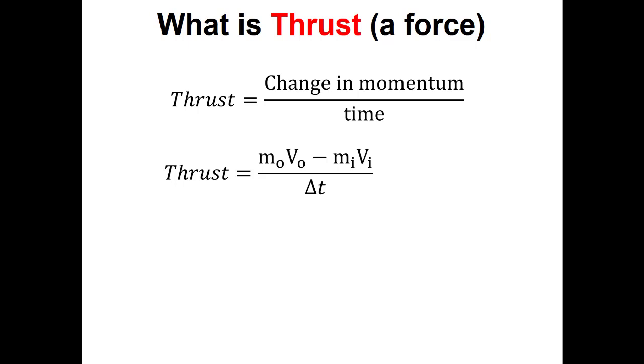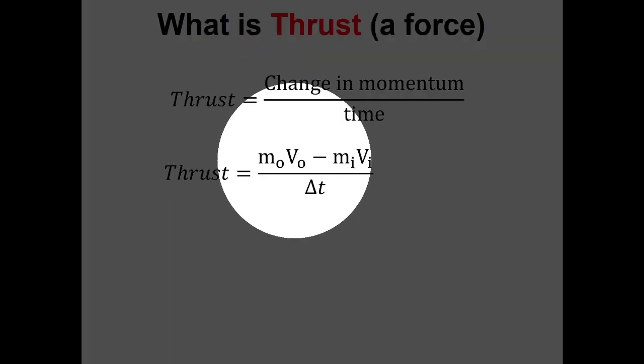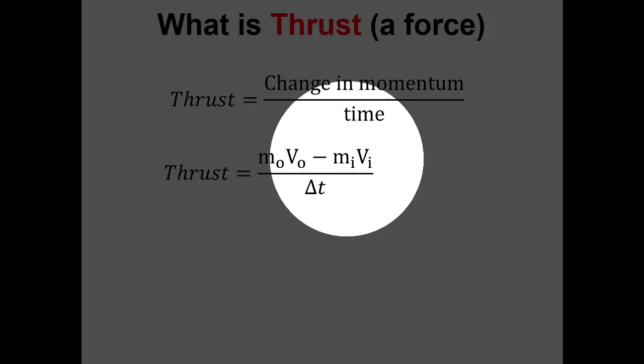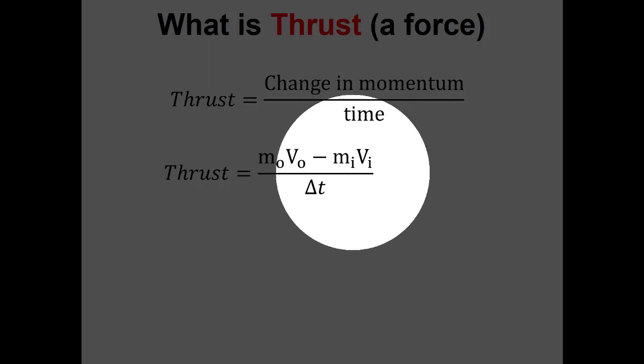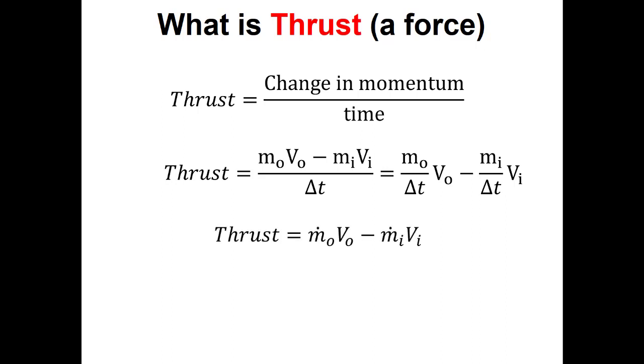So if I want my thrust force, I can look at the mass times the velocity at the outlet of my engine minus the mass times the velocity at the inlet of my engine, and divide that by some delta t, and I would get a thrust, right? So this is going to be a force, right? But here, I don't really have a delta t, but I have a mass divided by a delta t, which is like a mass flow rate.